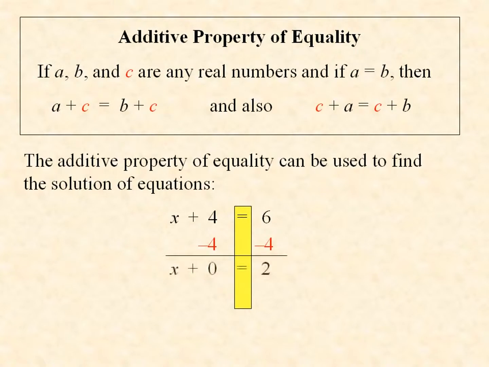And that gives us x plus 0 on the left and 2 on the right. So x is equal to 2 because x plus 0 is x. Let's check this. If we put 2 in place of x, we have 2 plus 4 equals 6.